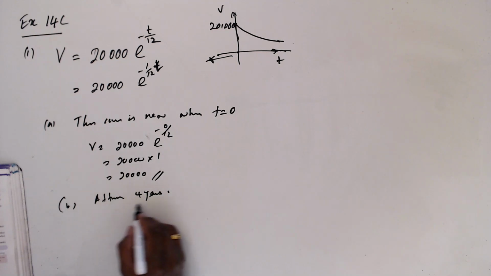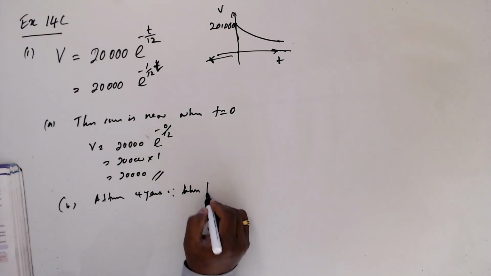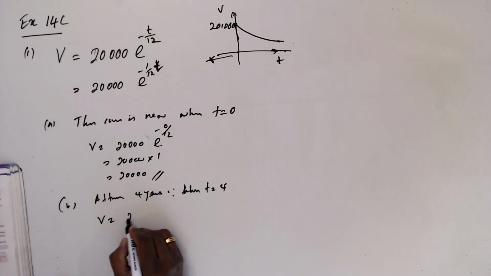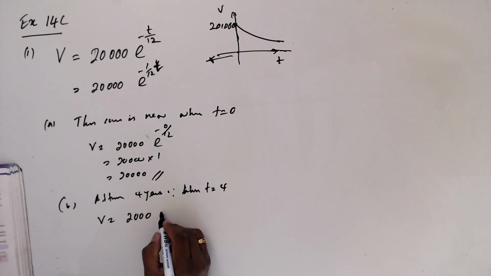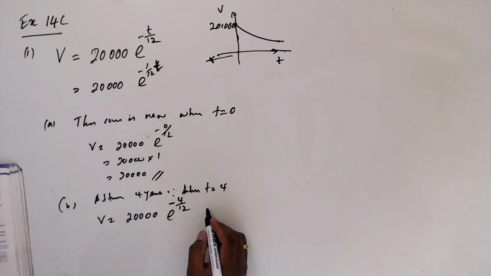So after 4 years, we put t equal to 4. So v equals 20,000 e to the 4 over 12.